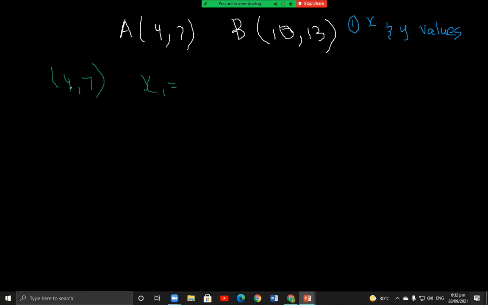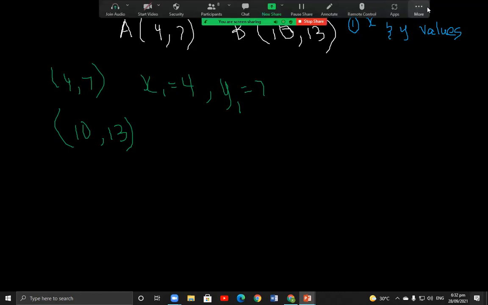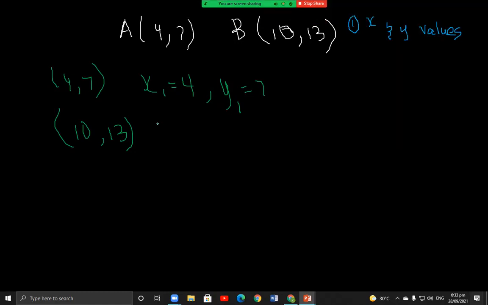Looking at these coordinates, which one is x? 4. So that means y1 would be equal to 7. And then (10, 13), what's x2 and what's y2? x2 is 10 and y2 is 13.